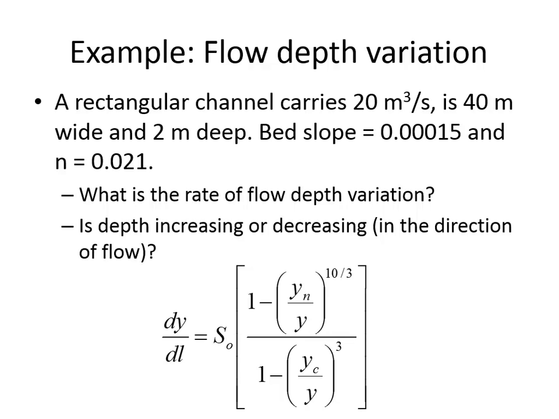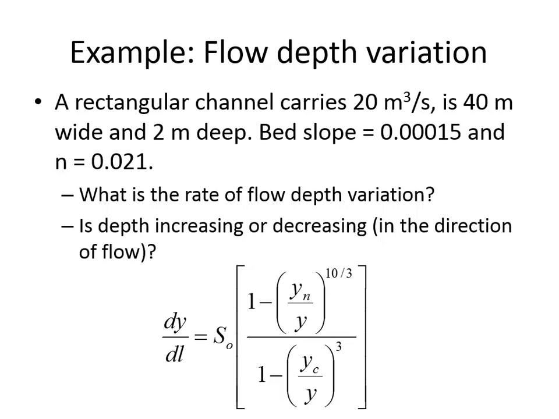Okay, so a first thing we can do is calculate the flow per unit width, so that's Q divided by B. 20 cubic meters per second divided by 40 meters gives us 0.5 meters squared per second as the flow per unit width.